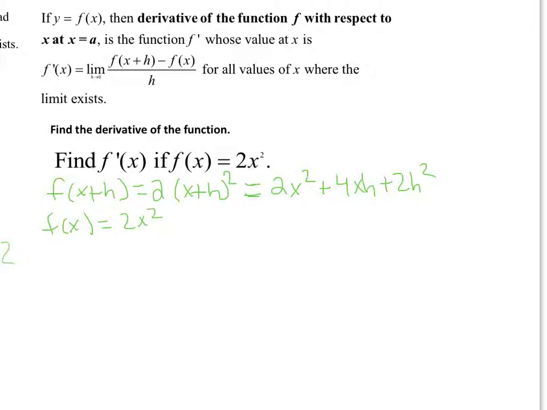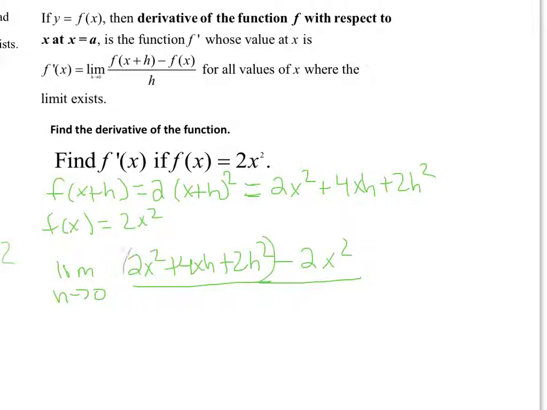So now we set it up. We have the limit as h approaches 0 of 2x squared plus 4xh plus 2h squared minus 2x squared, so there's f of x plus h minus f of x, divided by h.